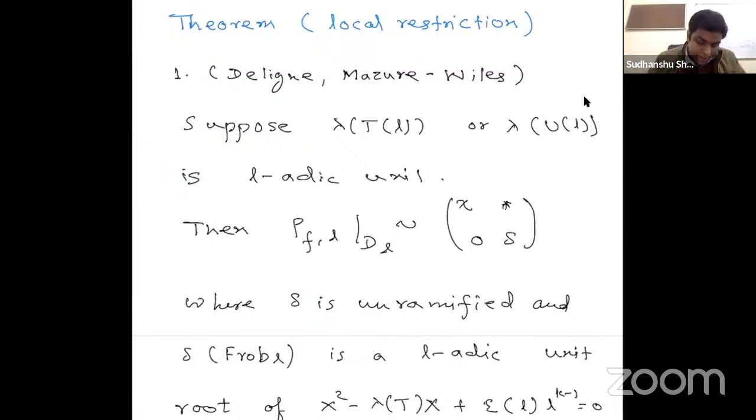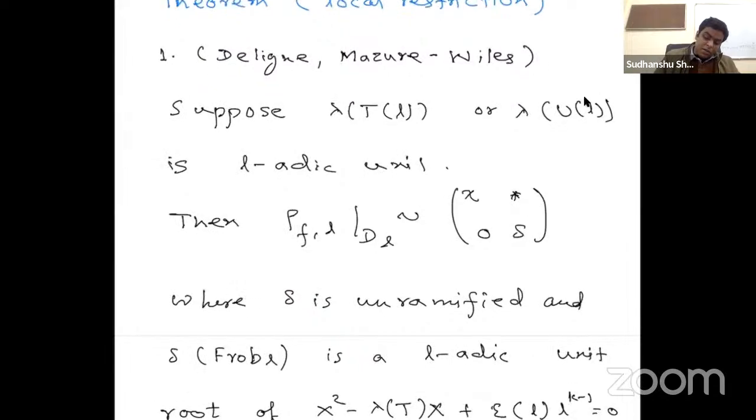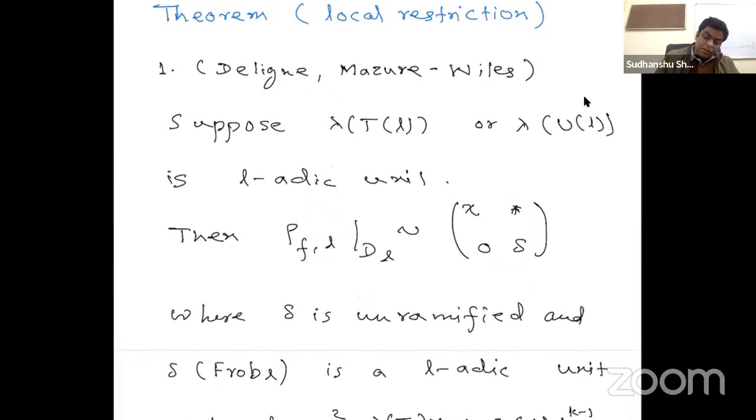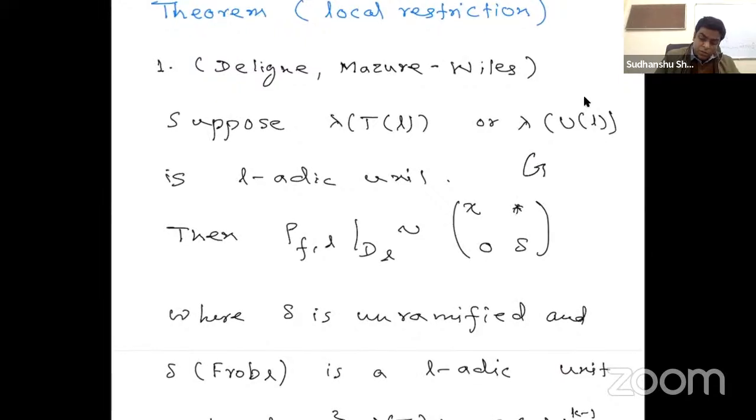So the first property is at the prime L itself. This case is what are called ordinary representations, and in that case it is upper triangular. So you have a representation of G_Q.